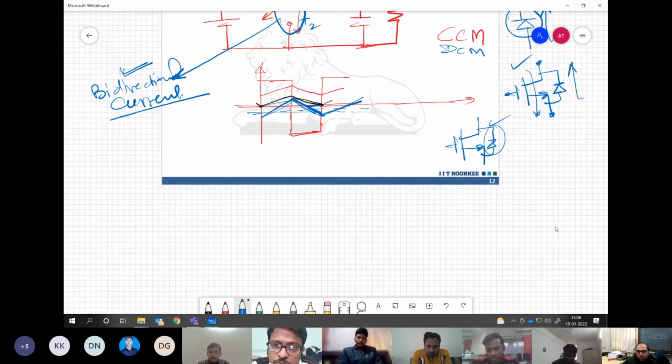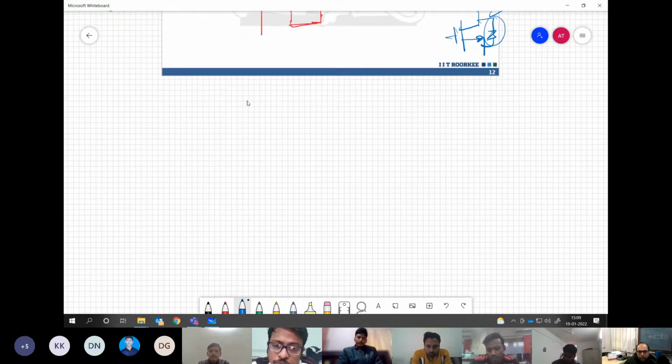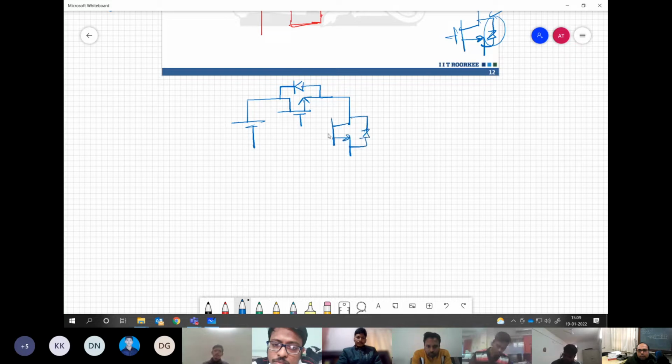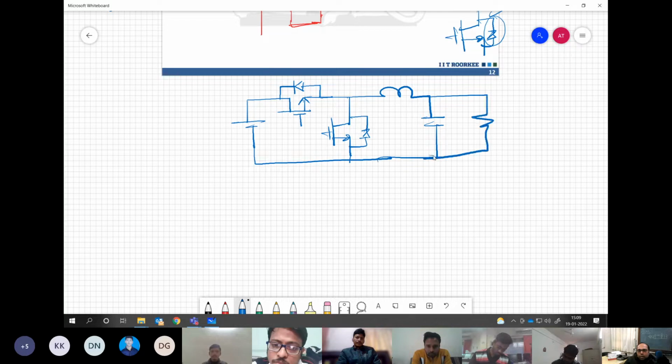So if we draw the converter with these capabilities, this can be used for bidirectional power flow.